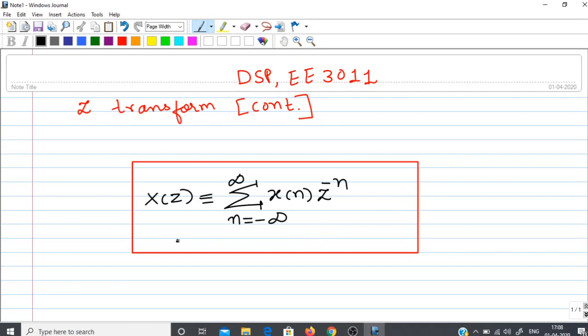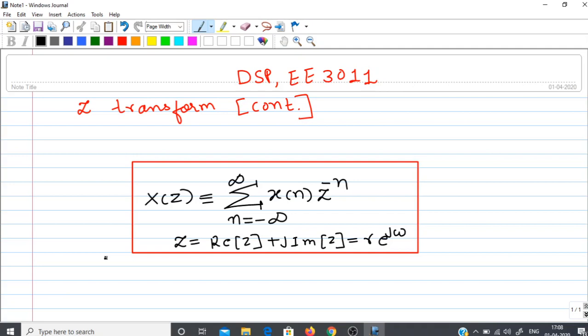So we can say this z is equal to the real part of z plus j times the imaginary part of z. This is in the rectangular form, and in the polar form you can write it as r e to the power j omega. So this is the definition of the Z transform.